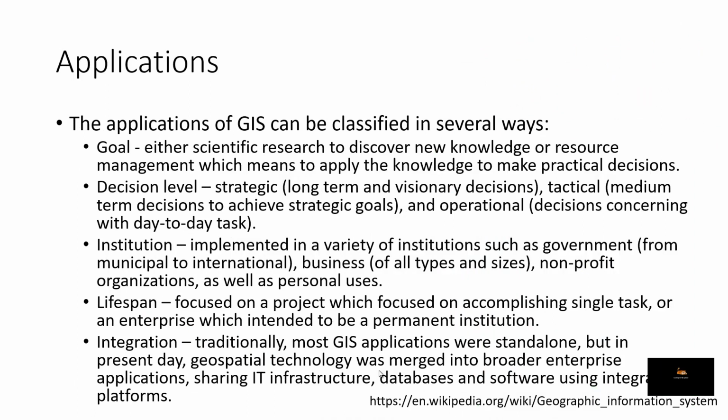Okay, the applications of GIS can be classified in several ways. First is the goal. There are many ways to classify this in terms of the applications, but as what I refer from Wikipedia here, it classifies like this, right?